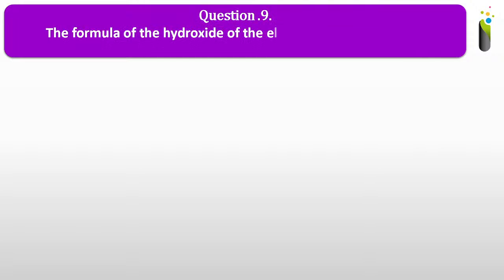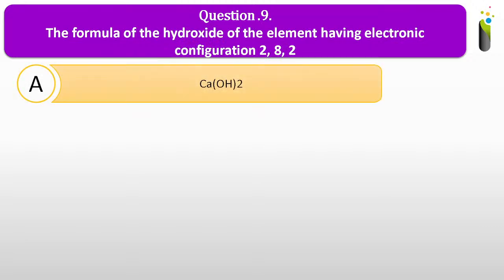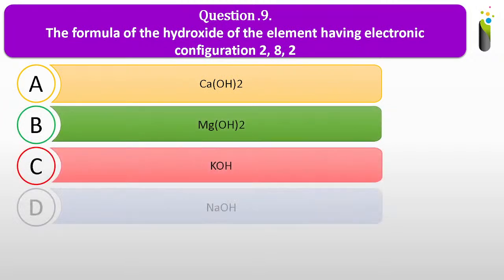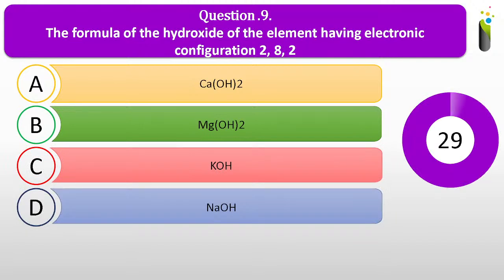The formula of the hydroxide of the element having electronic configuration 2, 8, 2 is dash. A. Ca(OH)2, B. Mg(OH)2, C. KOH, D. NaOH. So the formula of the hydroxide of the element having electronic configuration 2, 8, 2 is dash.